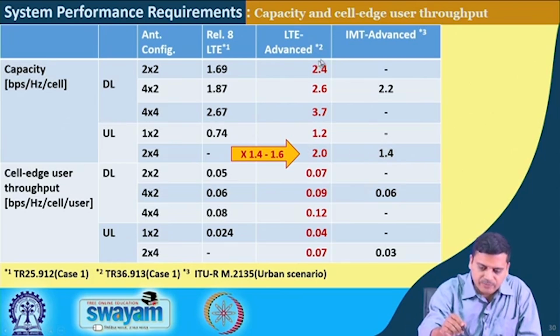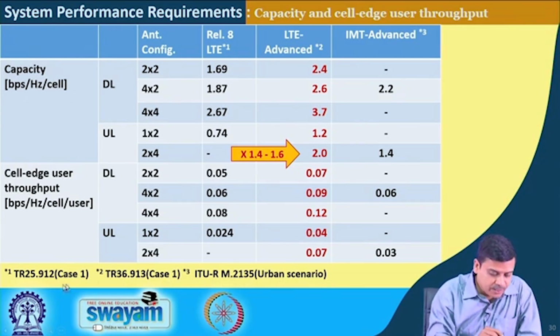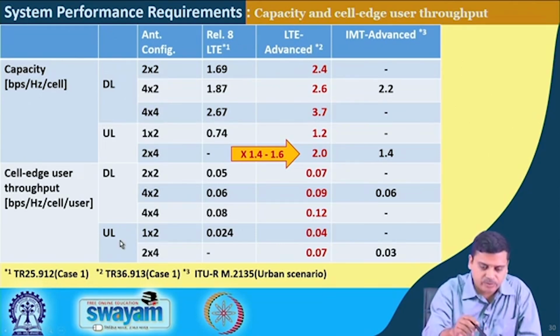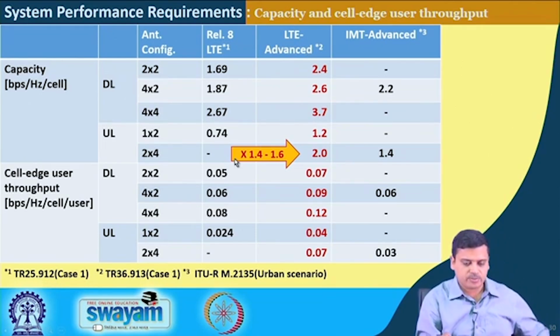How these have been evaluated is described in this series of documents, where we have said earlier that M.2135 describes the scenario, and in this the urban scenario has been taken for this set of results, and the 36 series of documents have been used to describe the LTE Advanced systems, and the case 1 of the 25 series document has been used in this particular one.